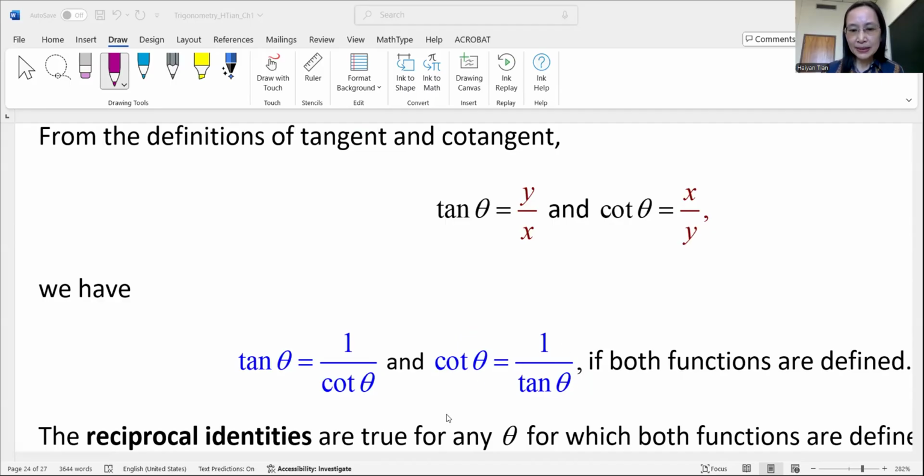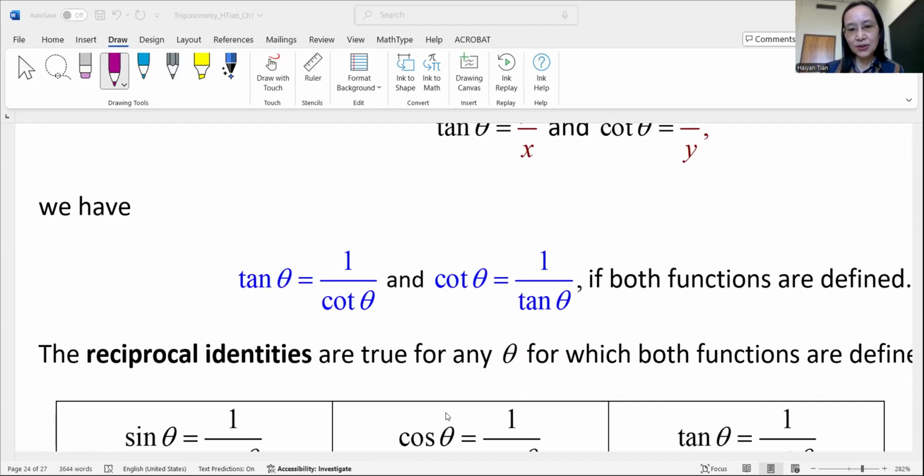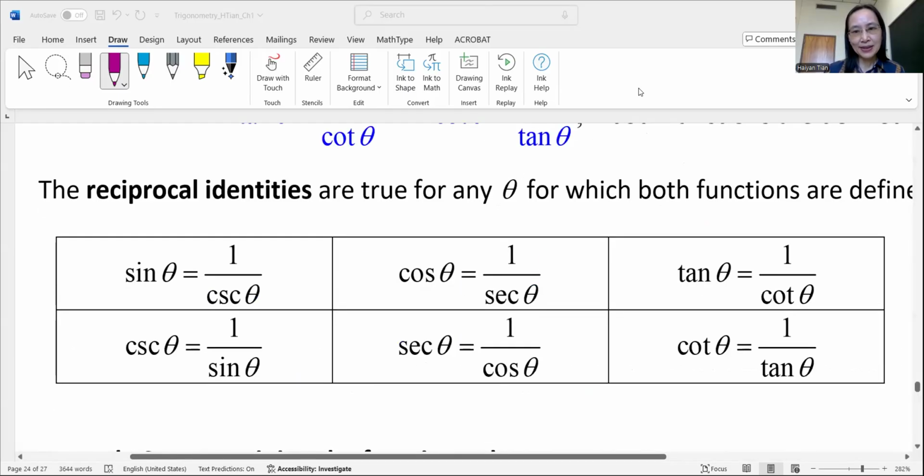So the reciprocal identities are always true for any theta, as long as both functions are defined. To summarize, we have 6 reciprocal identities.